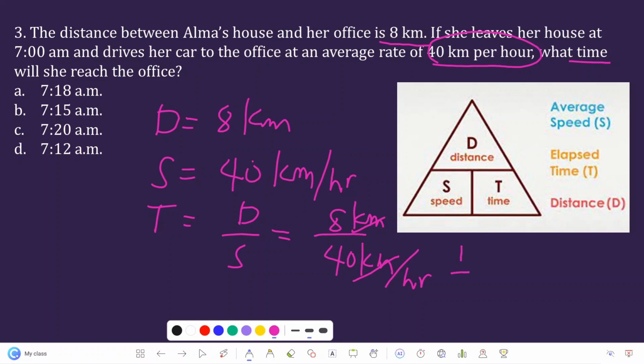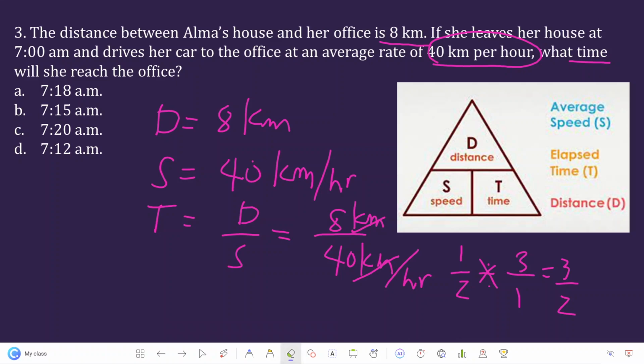Kapag meron kang 1/2 dito, say for example, divided by 1/3, ang gagawin mo lang is ilipat mo ang numerator sa baba at ang denominator sa taas. So this will become 3 over 1, tapos i-multiply mo siya. So this is 3 over 2.